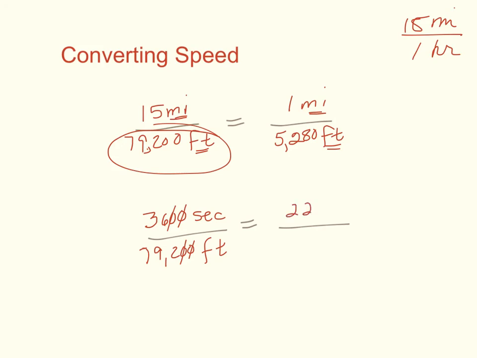Oh, excuse me, I did it the wrong way. This is 22 feet. And erase that. This is 1 second. So 36 goes into 792 22 times. And so that is my answer.